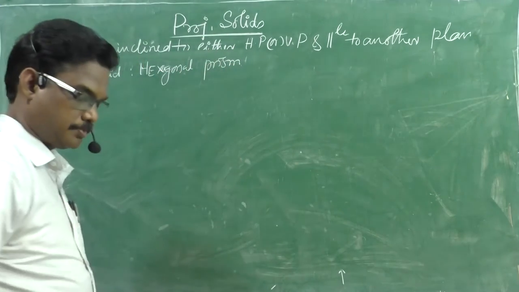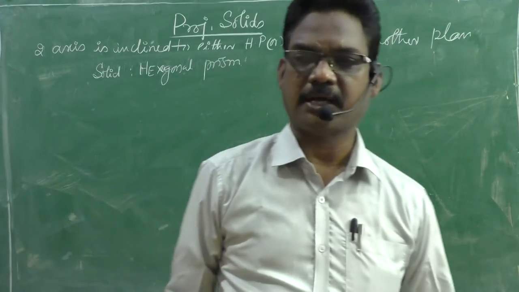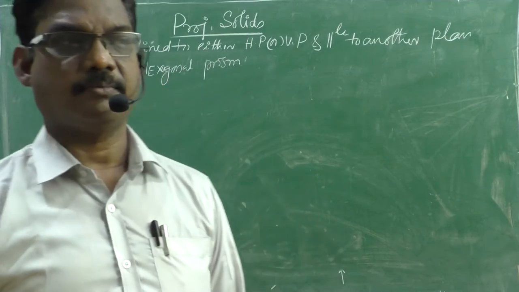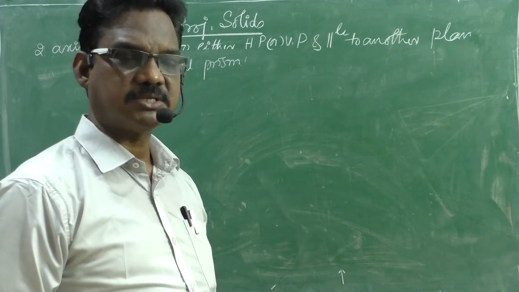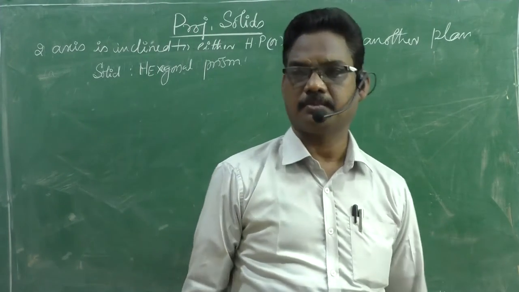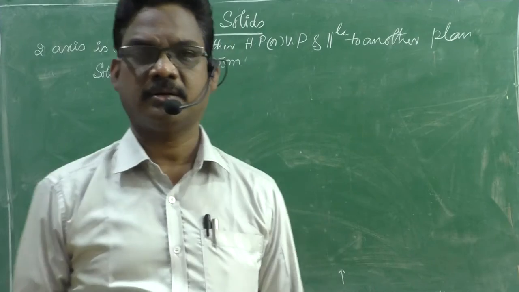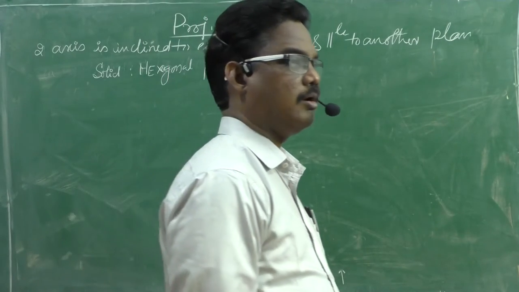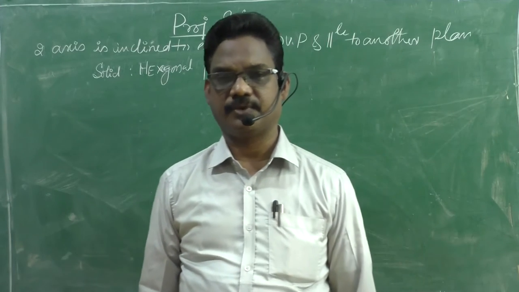Note down the problem. A hexagonal prism of base side 30 mm, axis height 60 mm, lies in the horizontal plane on one of its rectangular faces.